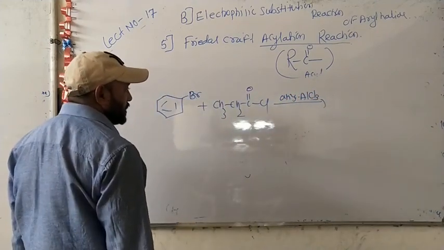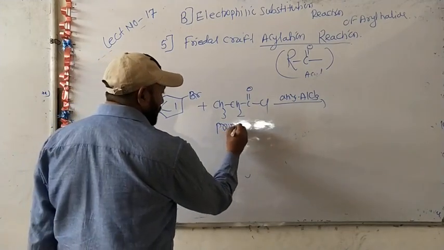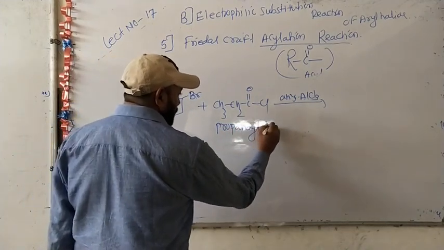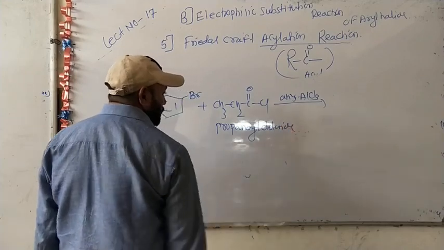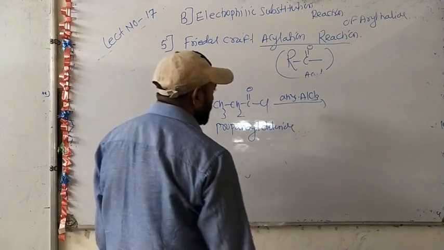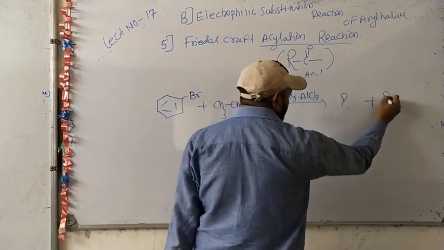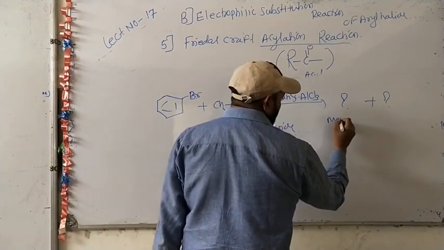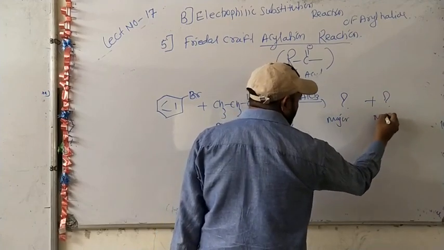This is called propanoyl chloride. So what is the product formed? Predict the major and minor product.